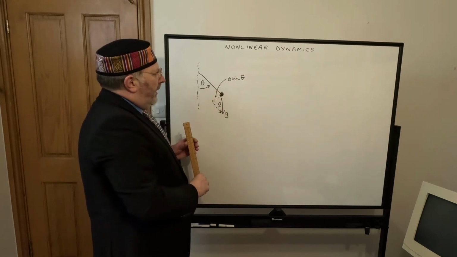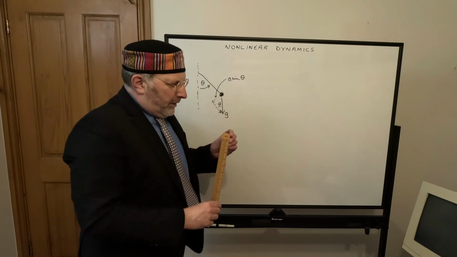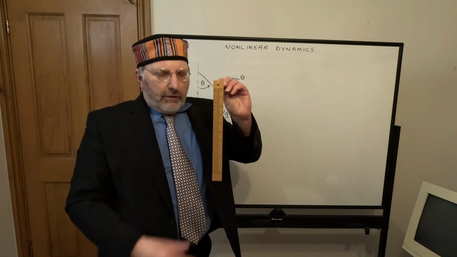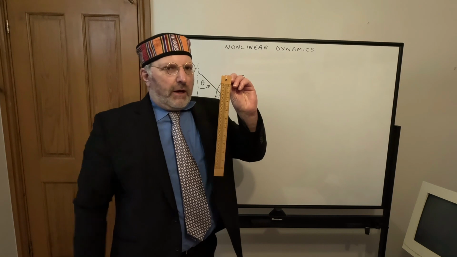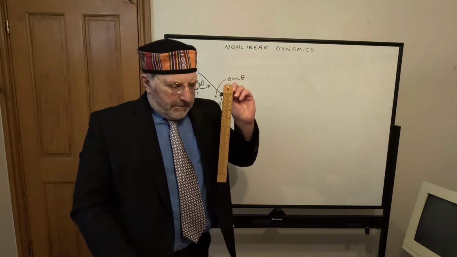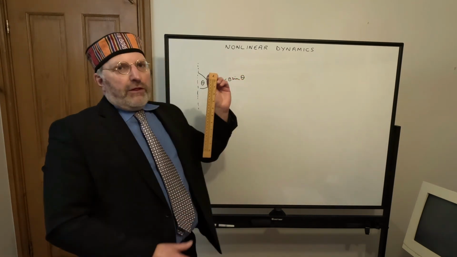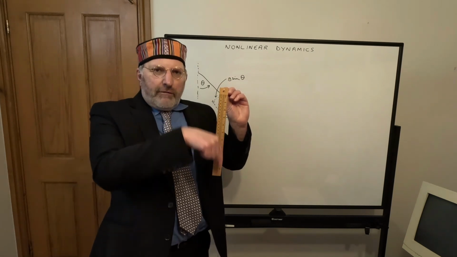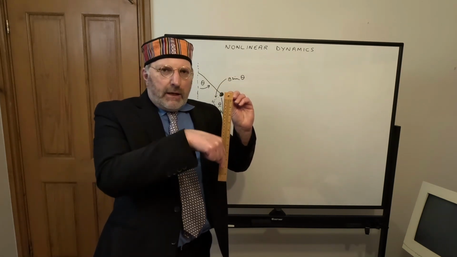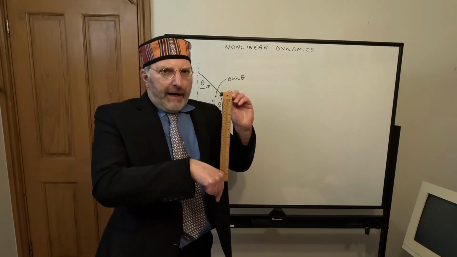So if we call the angle theta 0 when it's vertically downwards, at this point theta is 0, so sine theta is 0. All of the acceleration due to gravity is parallel to the rod, just pulling the rod down.